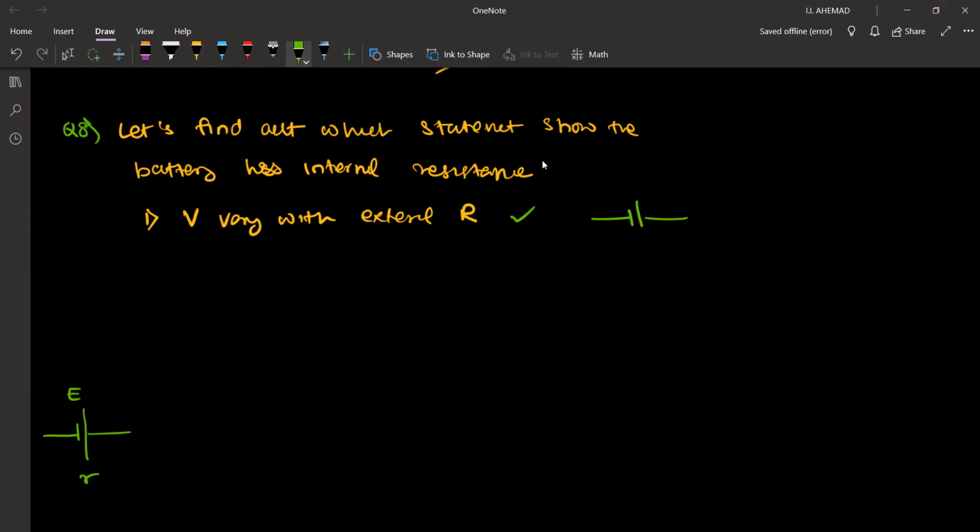Now we have a battery with an internal resistance r, and I have an external resistor capital R. If I change capital R, I changes. If R changes, I changes. Therefore, V changes. Is that clear?